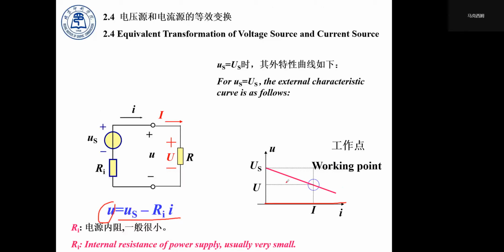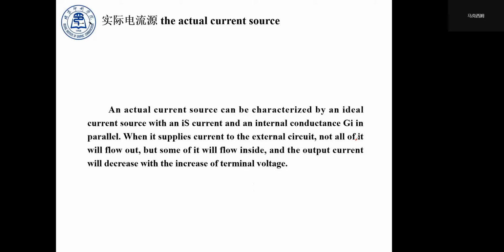Its intersection with this axis is the value of the ideal source. So the ideal source value is the point where this line crosses the axis U.